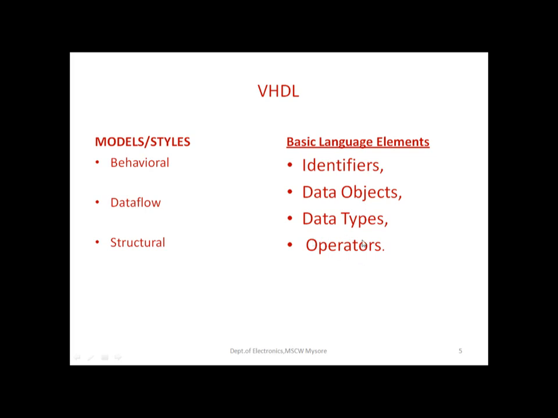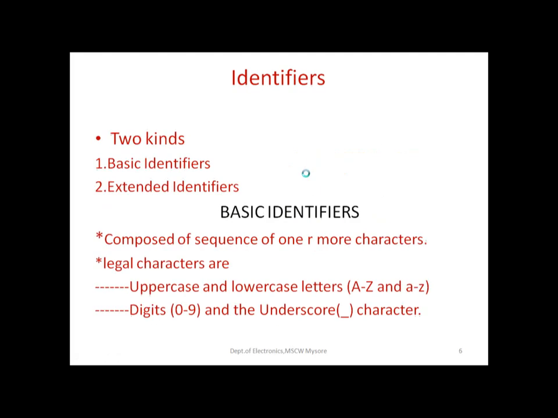All these are called the language elements. These are the VHDL basic language elements: the identifiers, data objects, data types and the operators. Let us study one by one. Today's class we are going to study the identifiers.